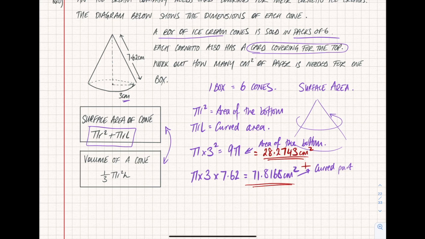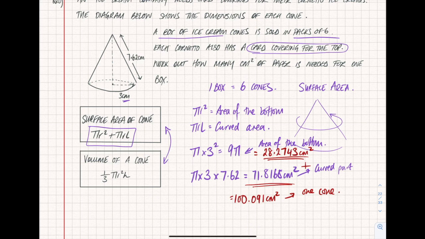So 71.8168 plus that 28.27 gives you bang on 100.09. So 100.091 centimeters squared. So that's one cone.